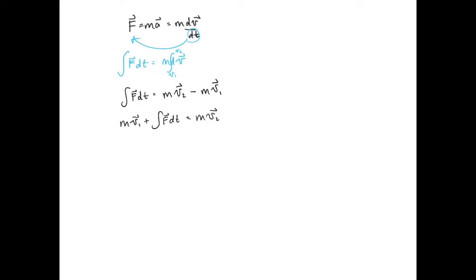So what this equation is saying, mass times velocity, we can call this linear momentum. Mass times velocity is the linear momentum of your particle. So this would be linear momentum 1. Over here we have linear momentum 2. And right in the middle, this is considered the impulse.